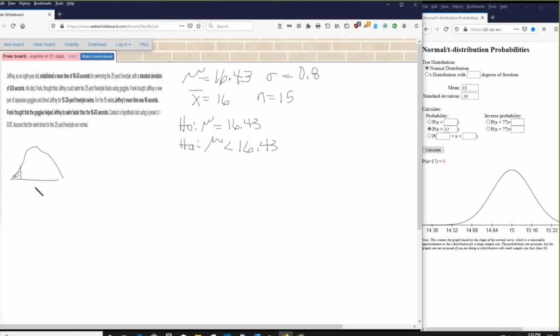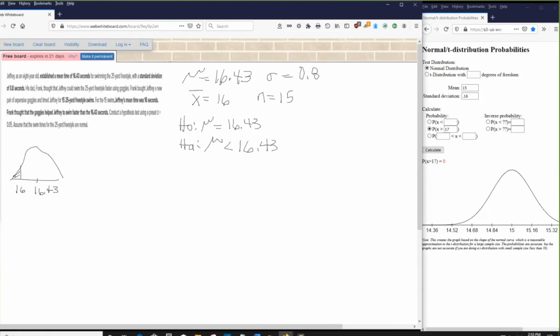So we've got a mean of 16.43. We've got an average mean of 16, which is less, and we want to find the probability that if he uses the goggles, the probability that his swim time is going to be 16 seconds or less.